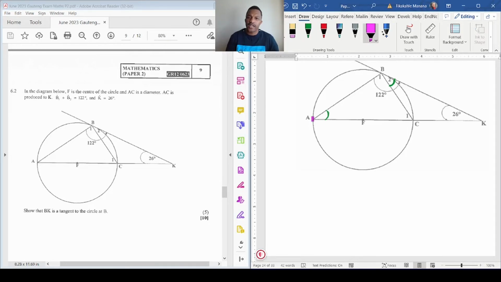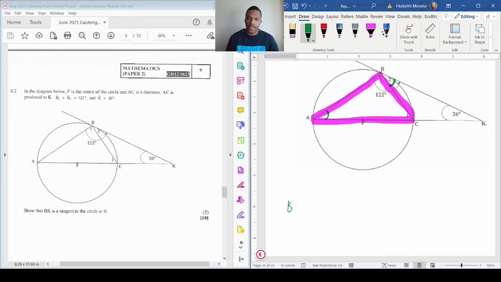And let me just highlight, look at this triangle, A, B, C. Okay, now what do we know about this? We know that any angle subtended by a diameter is 90.